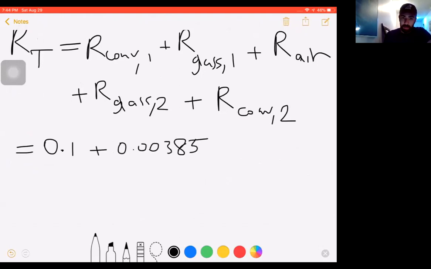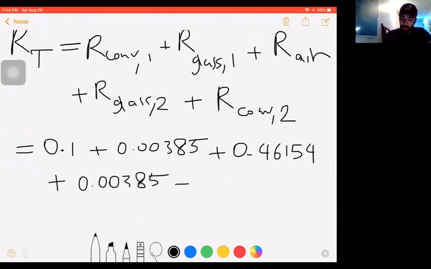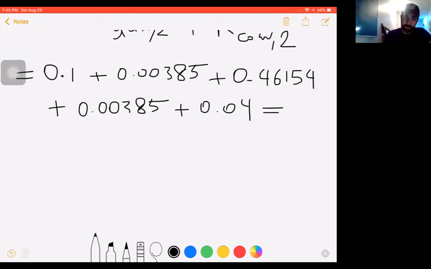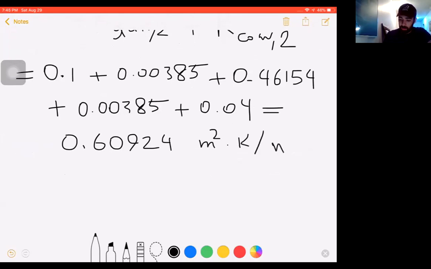Adding these amounts together gives me 0.1 plus 0.00385 plus 0.46, 1.4 plus 0.00385 plus 0.04. That is equal to 0.6924 meter squared times Kelvin over watt.